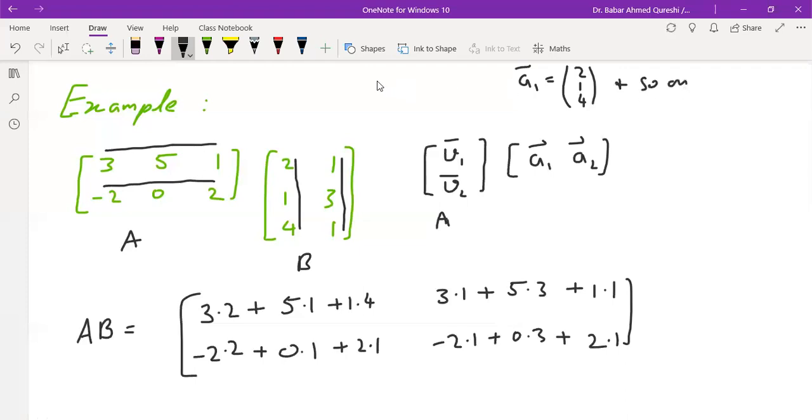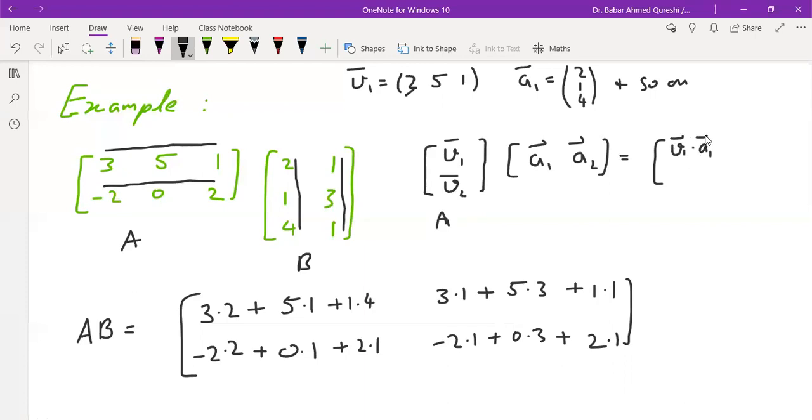Let me write one example of the V's. This is the first row vector in A. So this is the product, and the rule is that I take the column vectors of this, and start making dot products with each of these.